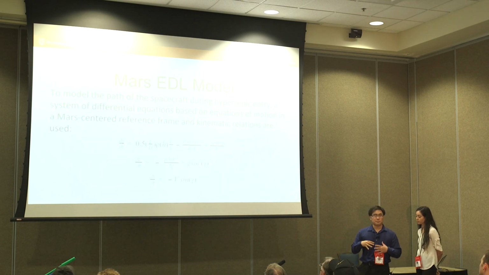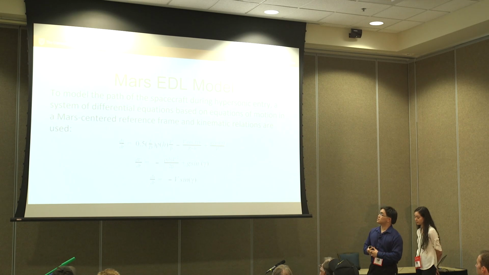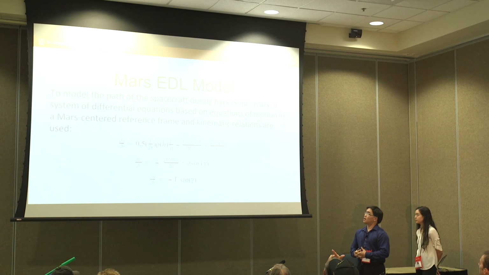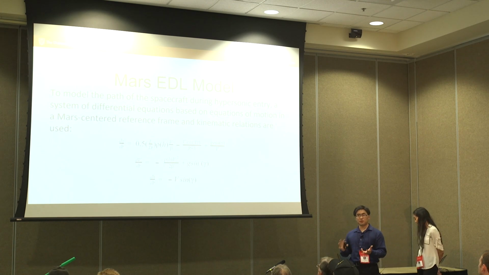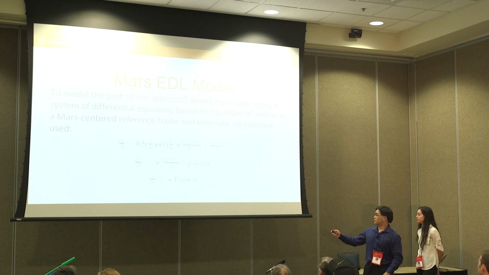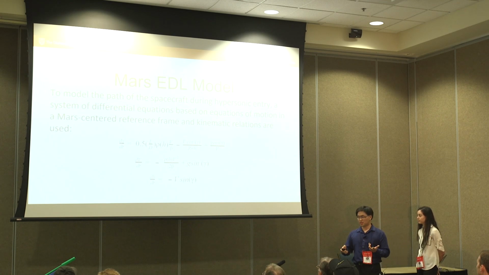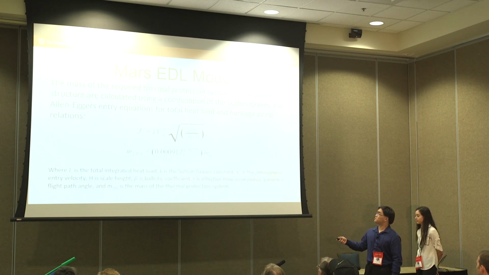To model the path and velocity of the spacecraft, all we had to do was model the hypersonic regime of the reentry using a system of differential equations based on the equations of motion with a Mars-centered reference frame. Here are the 3 kinematic relations that we used for this. This gives us a profile of the velocity and position of our entry vehicle.